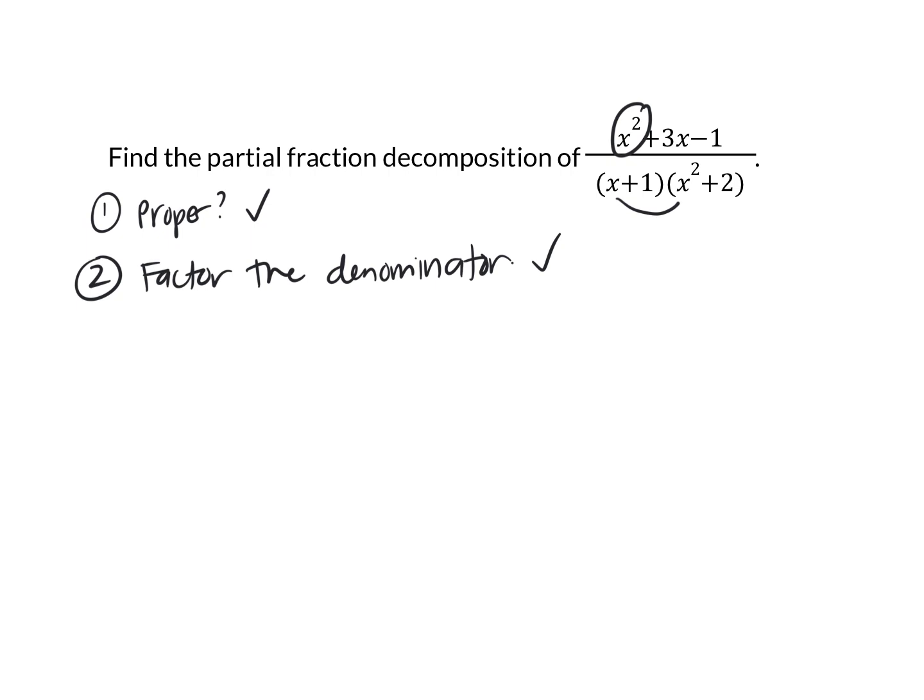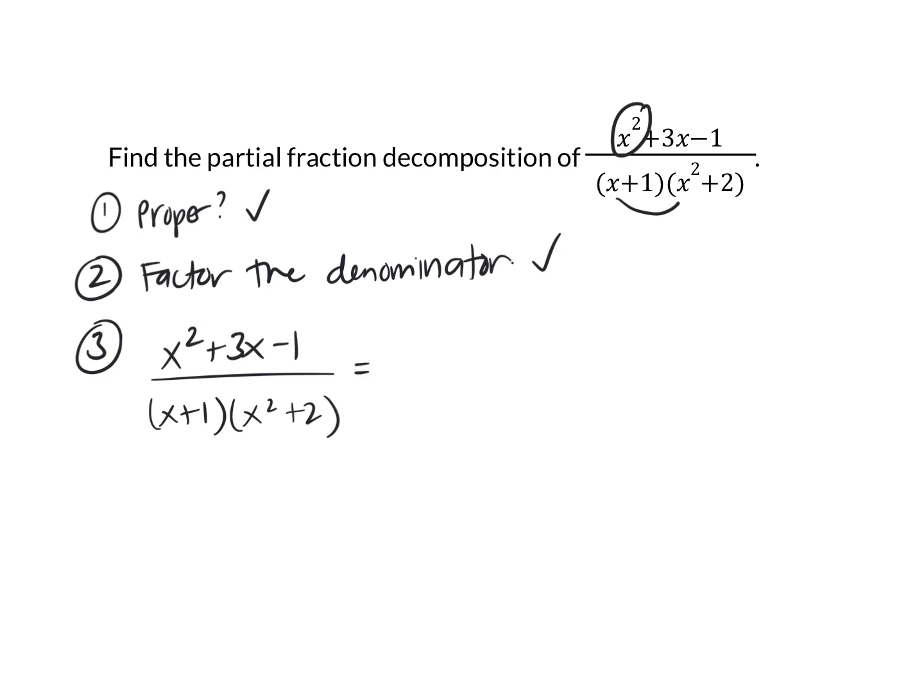Okay. So now we can just go ahead and start the partial fraction decomposition. So I'm going to rewrite my fraction. And then I have to think, how many fractions am I going to have here? How many factors do I have in the denominator? I have 2 factors, so that means I have 2 fractions.